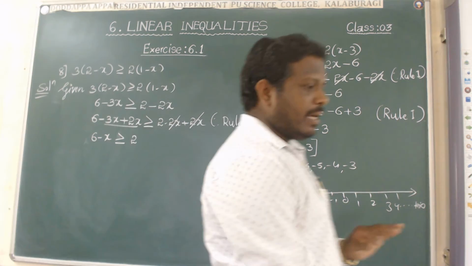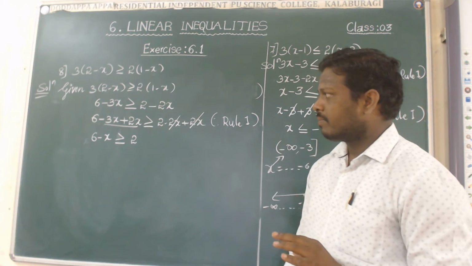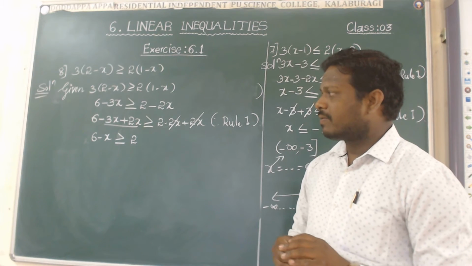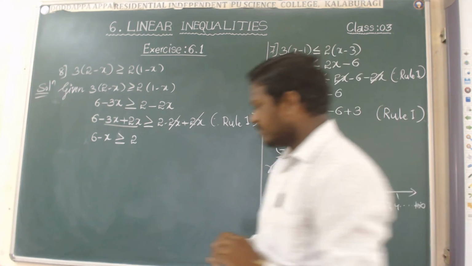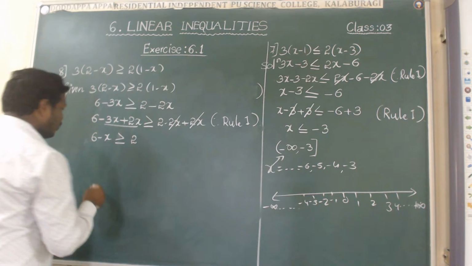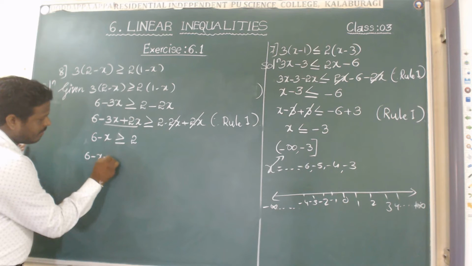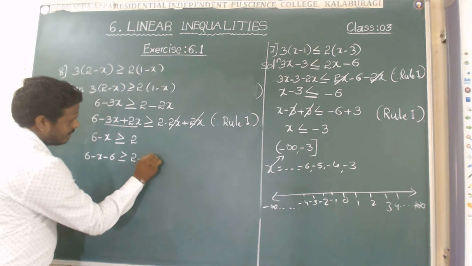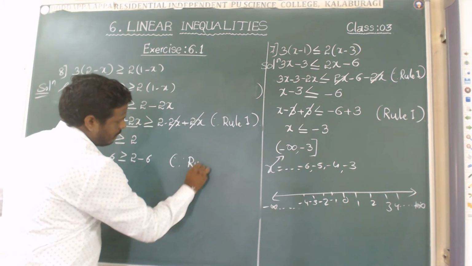What is the next step here? Now see the left hand side, where 6 is present. I am going to remove the 6 from the LHS by subtracting 6 on both sides. I am using the first rule again: 6 minus x minus 6 is greater than or equal to 2 minus 6.